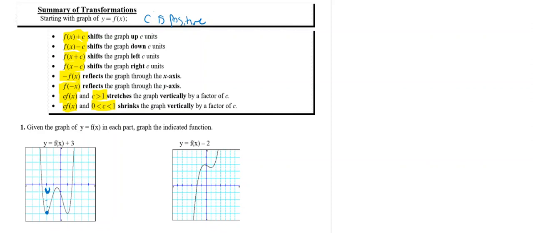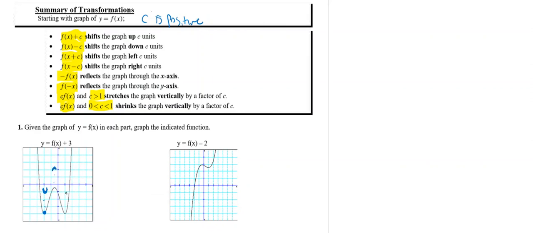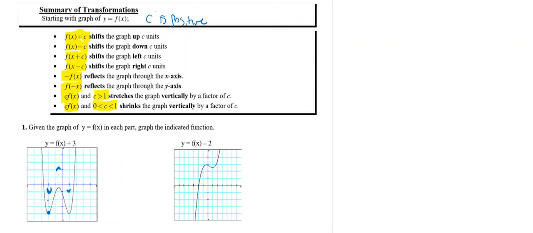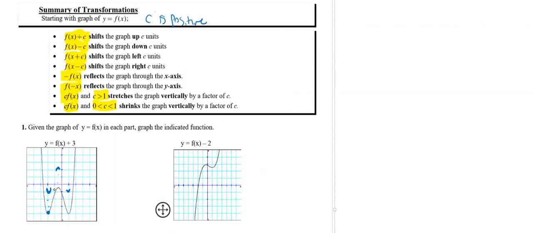Plus 3 means everything is going to go up 3 units. So that's going to look something like that. Then pick this key point over here and shift that one up 3 units. That looks something like that. Similarly, this one is going to come over here. So if I just connect these points, it's going to have the same basic shape.